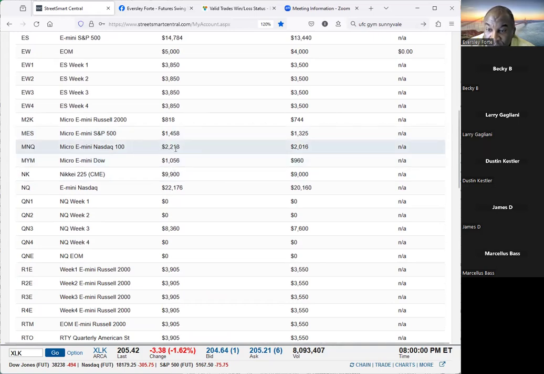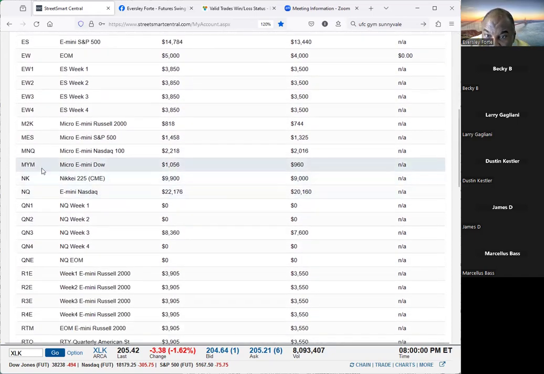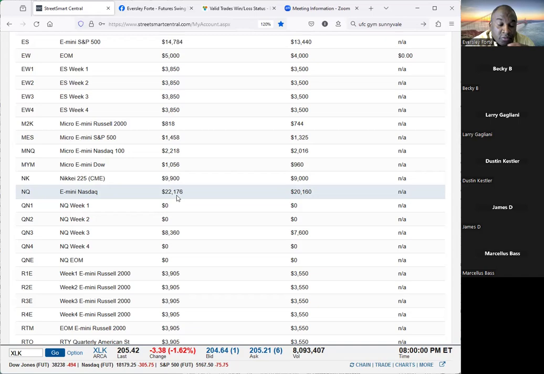The NASDAQ is $2,000 to trade one micro contract. If you were trading one full-size contract of the NASDAQ in Q, it's $22,000 just to open one contract. Two contracts, $44,000. So you see, you need really big accounts if you're going to swing trade the full size, but the micro lets many more people be able to participate in markets with smaller accounts and be able to get the benefits of the bigger account.